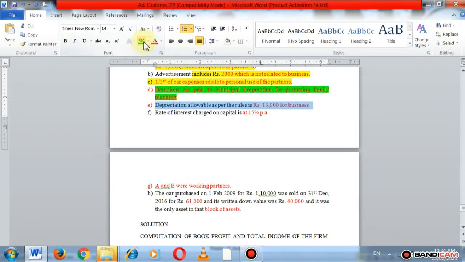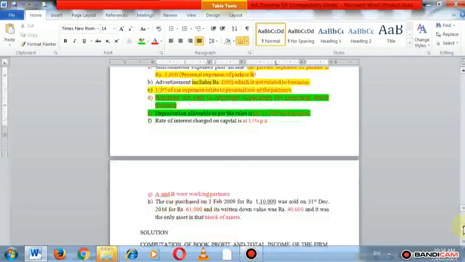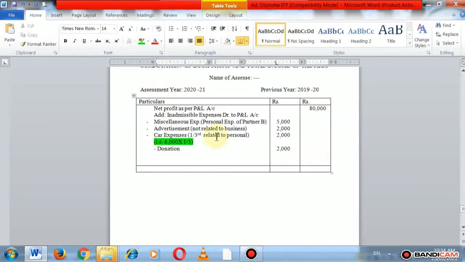So excess depreciation is disallowed. Here depreciation is given as 20,000. So we add the depreciation.